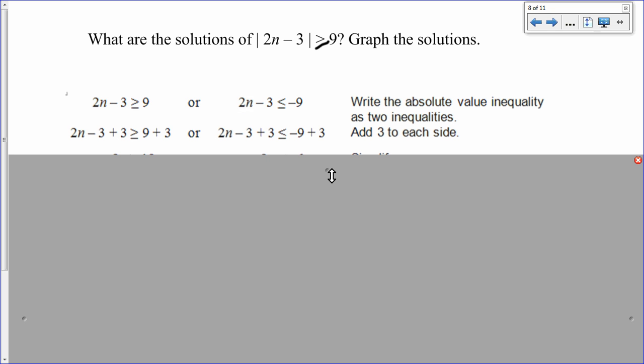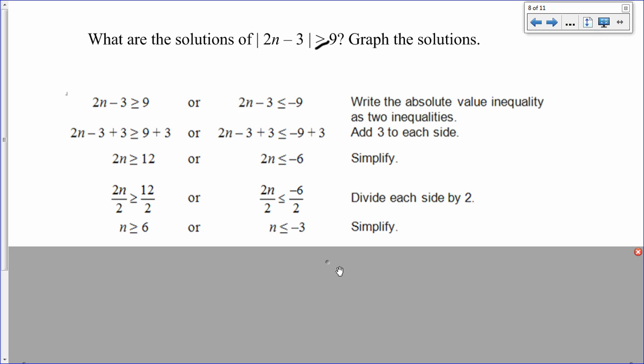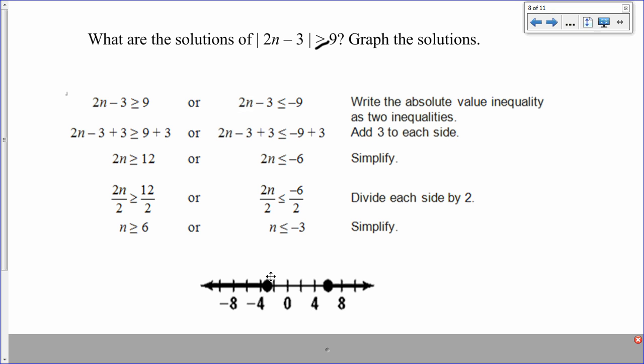We're going to solve both of them by adding 3 to each side and dividing each side by 2. Our answers end up being n is greater than or equal to 6, or n is less than or equal to negative 3. Because the word or is here, when we shade our graph, it's going to go in opposite directions. We have greater than or equal to, or less than or equal to, so our endpoints are closed circles, and we're going to shade outward.